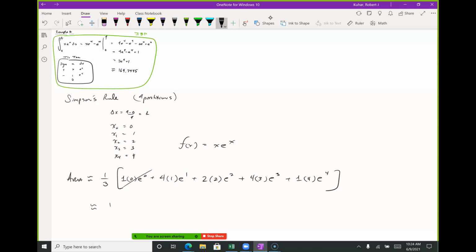It doesn't look like anything else gets real easy. I have a 4e plus a 4e squared plus a 12e cubed plus a 4e to the 4th. And that's about as good as I get. I could factor out an e, but it doesn't make that much of a difference. So I'm going to my calculator now.